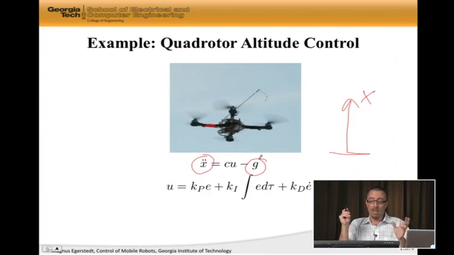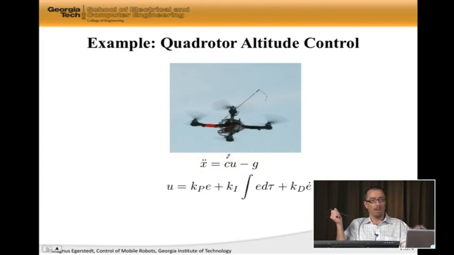And then what we're controlling is the velocity of the rotor collective, the angular velocity of all 4 rotors of the quadrotor. That translates into an upthrust through this coefficient c that we don't know. And we actually don't really know what the gravitational constant is either. But this is the model we're going to use, and this is the controller we're going to use.